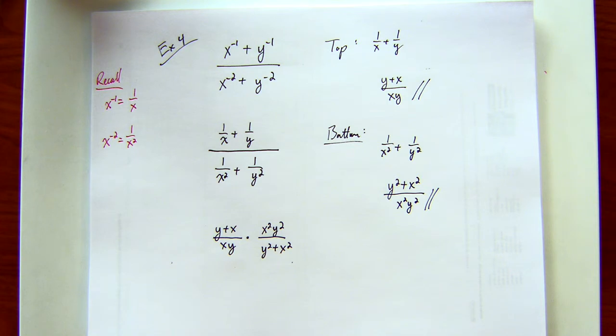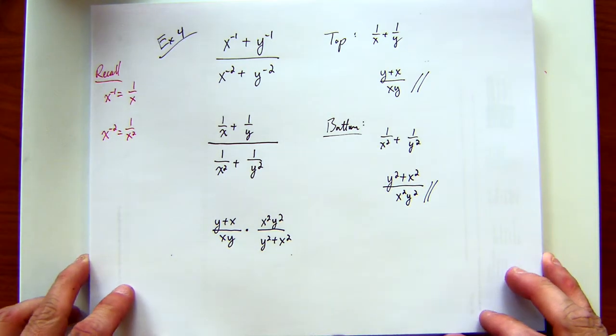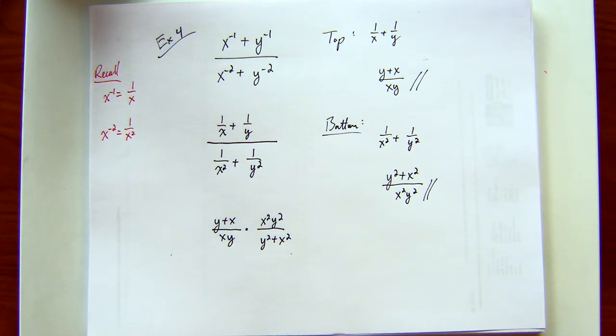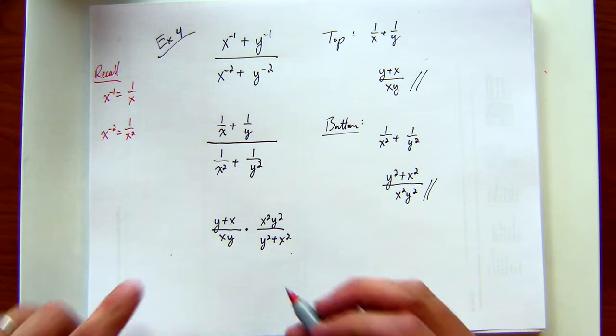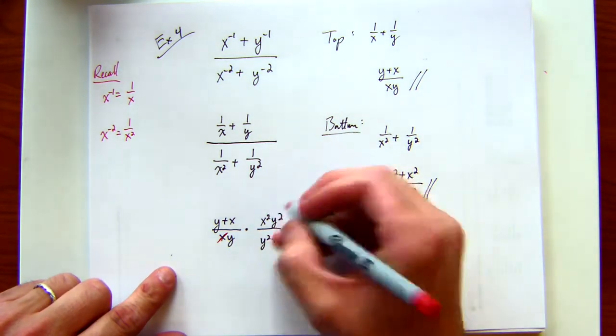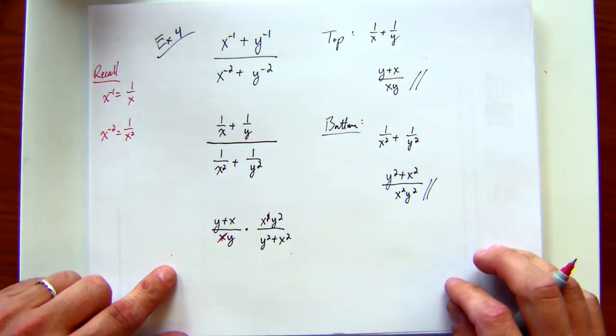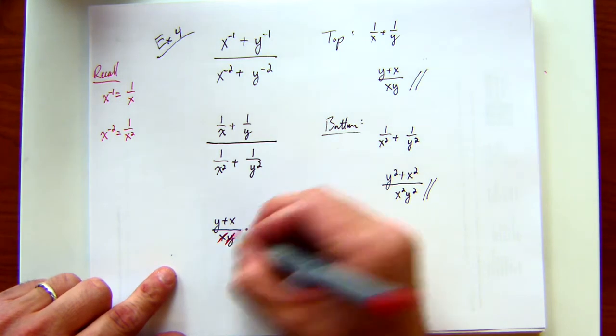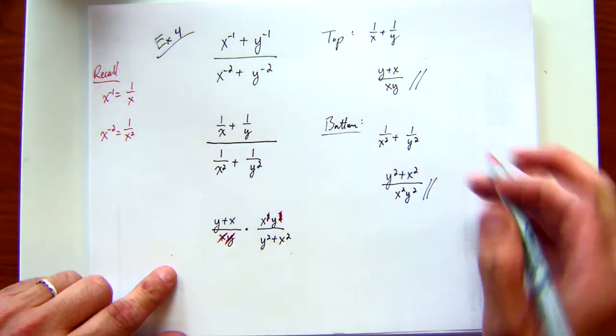Good, Kevin? So what will cancel out here? So 1 x will cancel out with one of these x's. One of these, this y will cancel out with one of these y's.